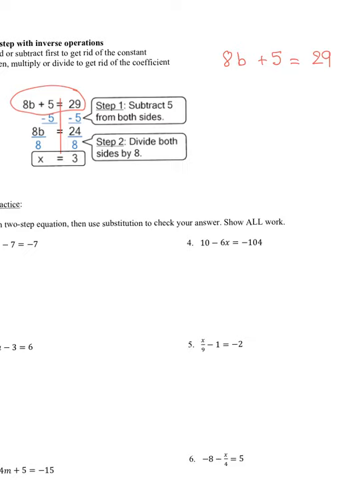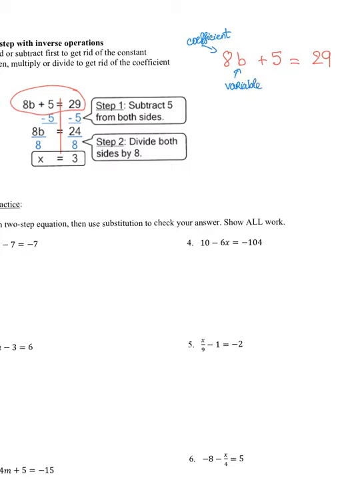But before we learn how to solve it, let's understand this vocabulary. 8 is in front of the variable, so 8 is the coefficient. Any number that's in front of the letter, the variable, is a coefficient. b is the unknown variable.